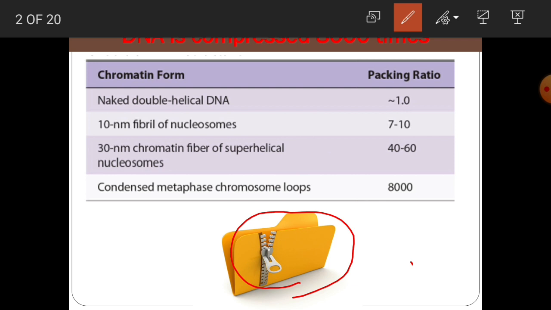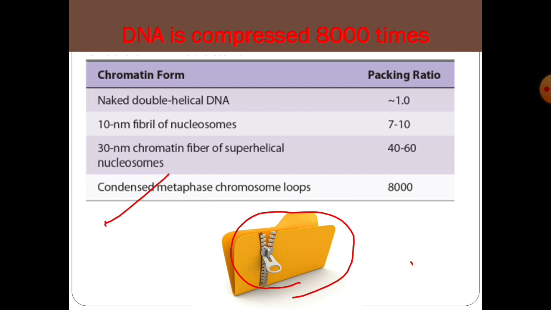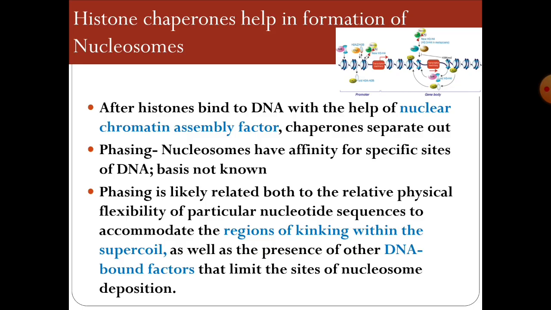Then 30 nanometer chromatin fiber of superhelical nucleosomes, that will be in the ratio of 40:60, and finally when we come to the condensed metaphase chromosome loops, it will be 8,000 times packed. Fine. So, this is how it is compressed so much that such a big DNA is accommodated in a very submicroscopical organelle, that is the nucleus.